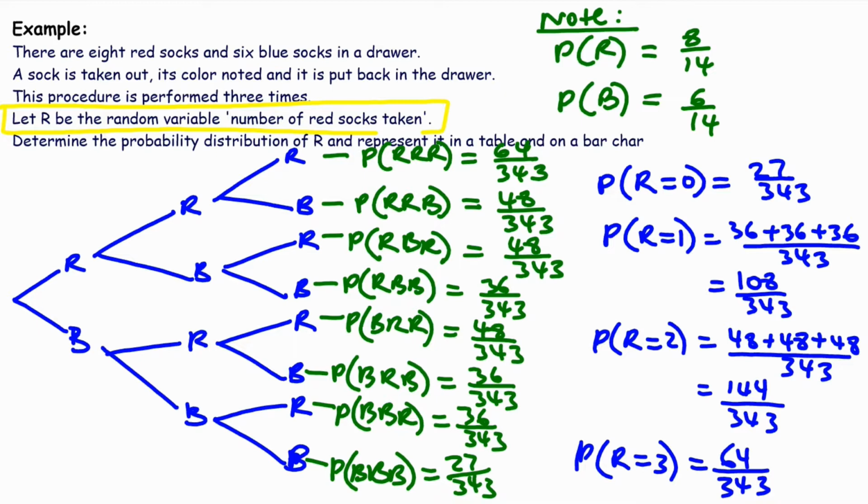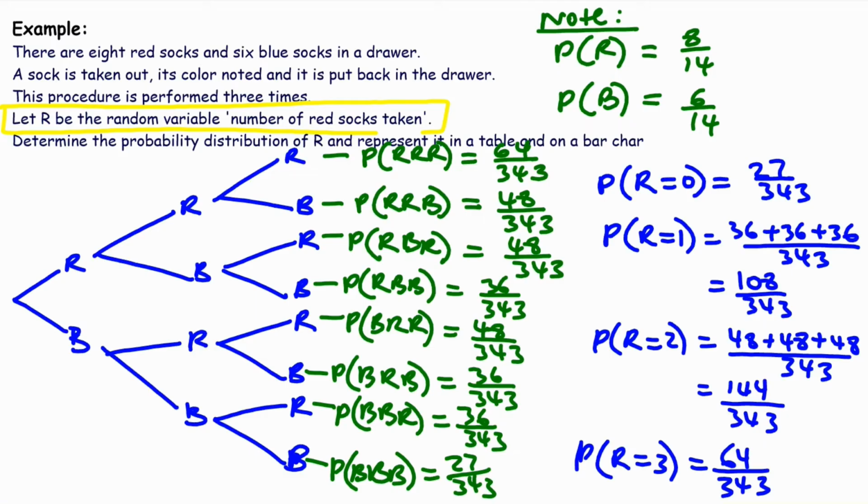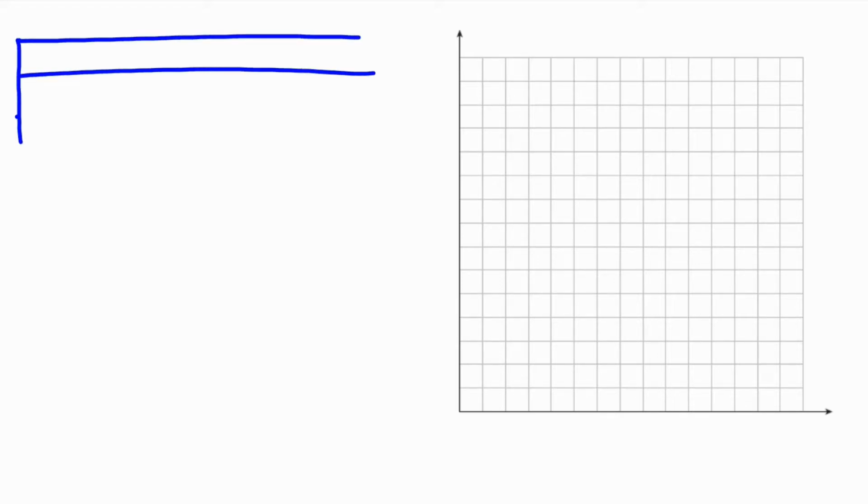So I'm going to prepare a table here, because one of the other questions is to represent this in a table and a bar chart. So we'll do the bar chart in a minute. First of all, the table. So we draw our table. Here we'll have R and the probability that R is equal to small r.